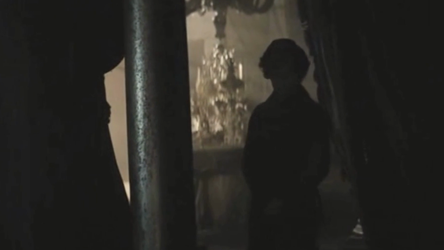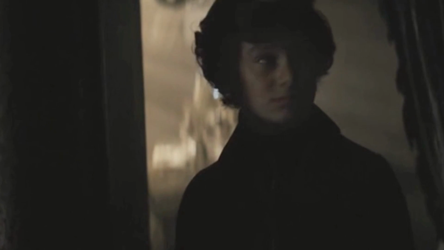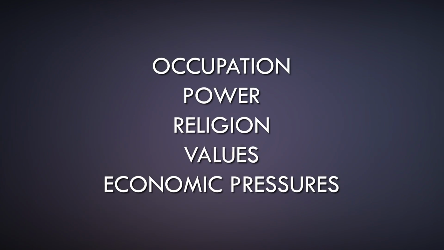While classes do share cultural elements to an extent, Great Expectations by Charles Dickens makes a point that gloves are a mark of class in Victorian society. The finer the material, the higher you must be. Classes also culturally differ due to differences in occupation, power, religion, values, and economic pressures.